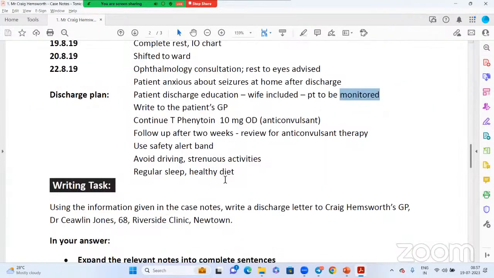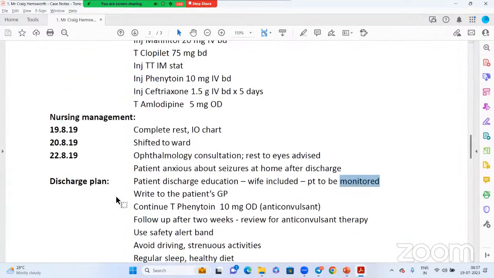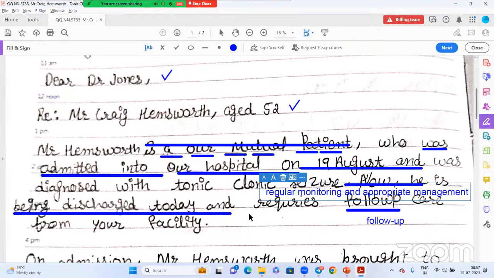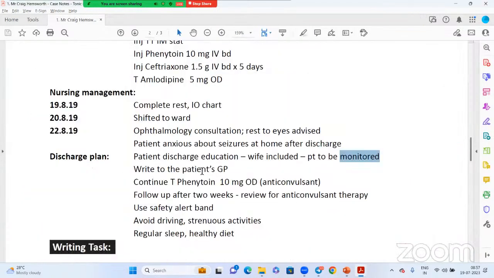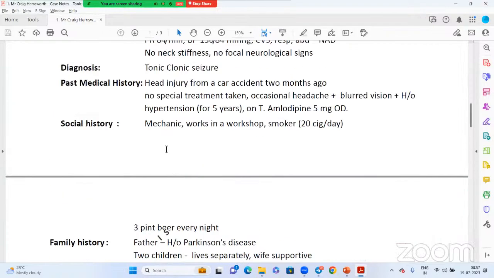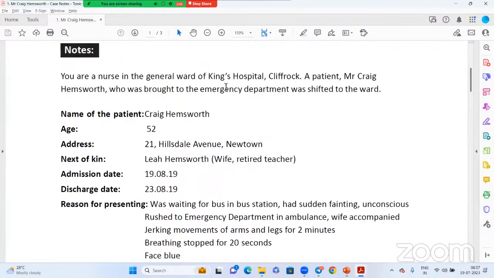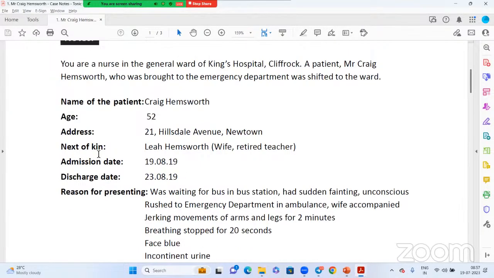Following the discharge, so he is discharged. Appropriate management following the discharge. Where is he being discharged? So from King's Hospital, he is being discharged. And where is he going?